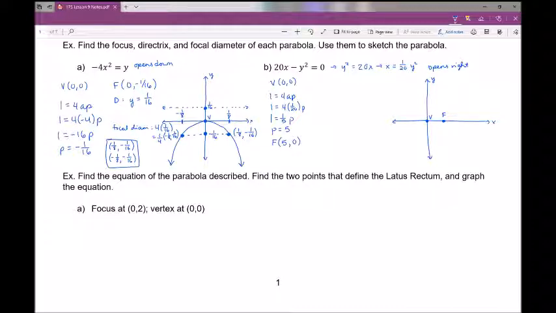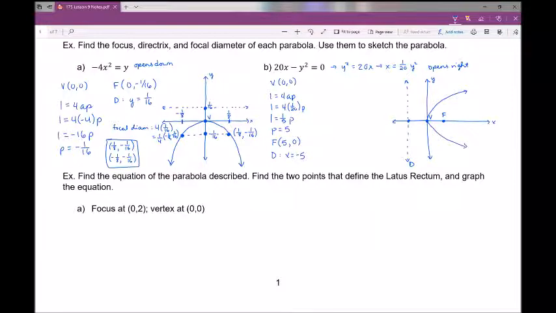The directrix must be 5 units to the left then. So the directrix must be at x equals -5. Okay, so the directrix is x equals -5. So now we can kind of sketch the shape of that parabola. So it's going to look something like this.